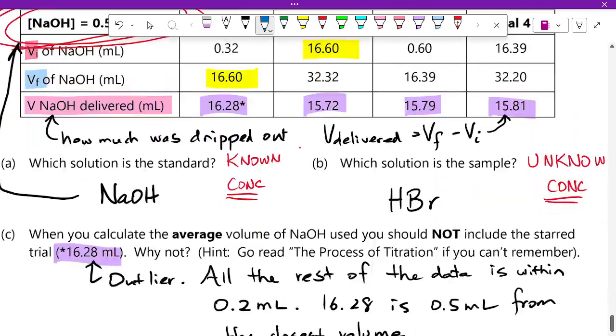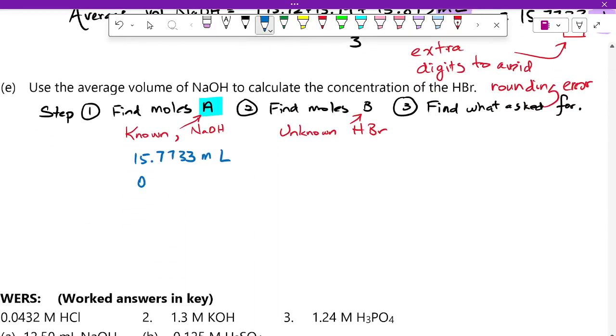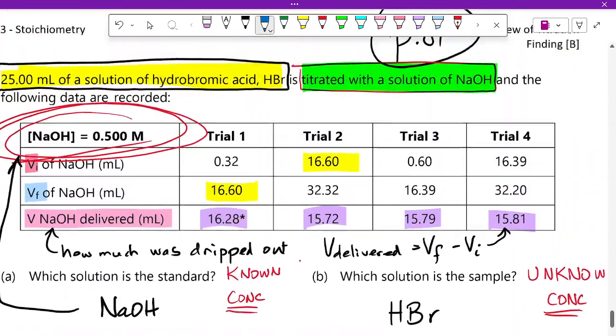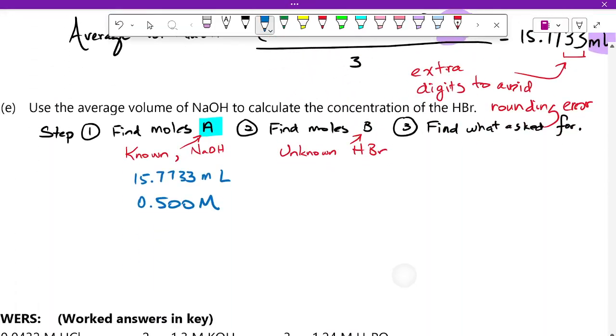I know it is 0.500 molar. Do I know anything about HBr? Oh, I know the volume of HBr. I know that there are 25 milliliters. So I'm going to use that information and let's see if you can do it.